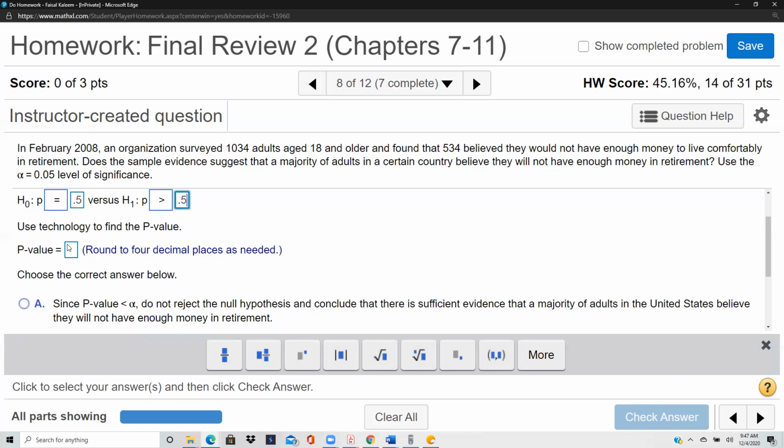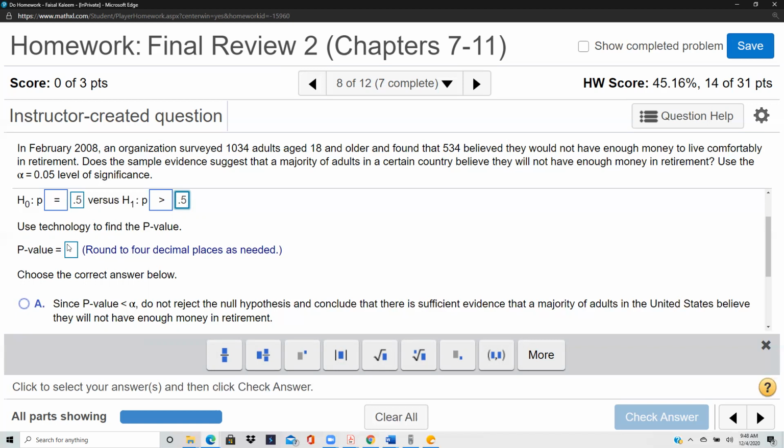Okay, so now how do we find the p-value? It's not proportion stats.